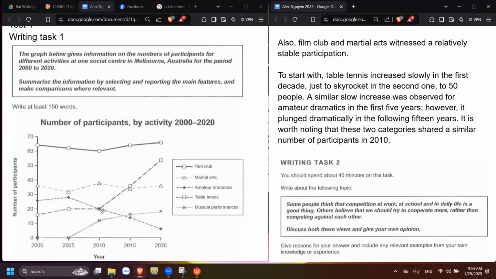You don't even have to mention how many. So it means that there is a crossover at that point.